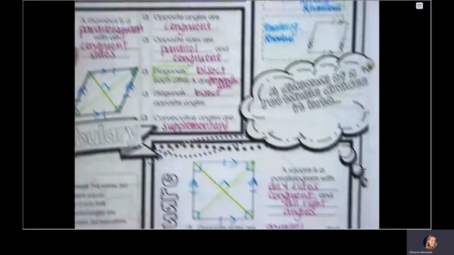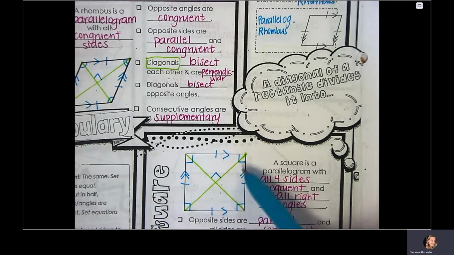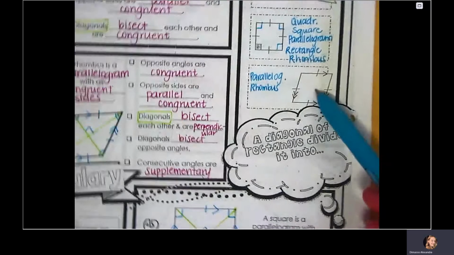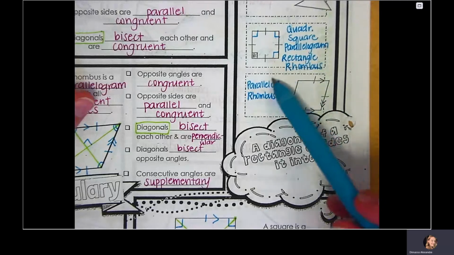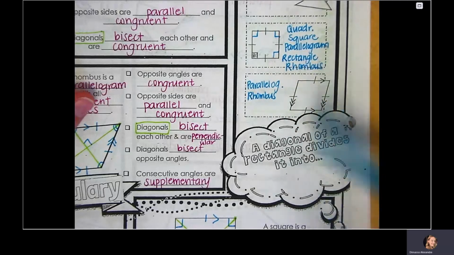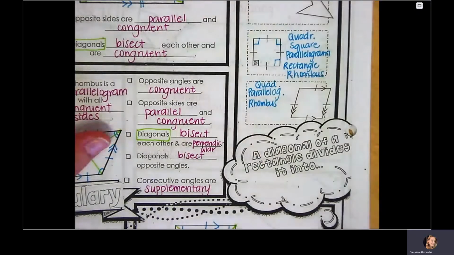Okay, last but not least, is this one a square? Why not? There's no right angle. So this one is only a parallelogram and a rhombus. Actually, it's one more thing. What should I have put first? A quadrilateral, yeah. Should have put that first. Good. All right, questions on that one?